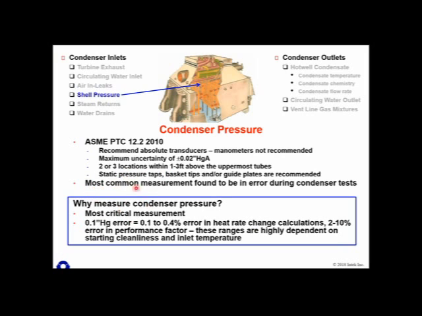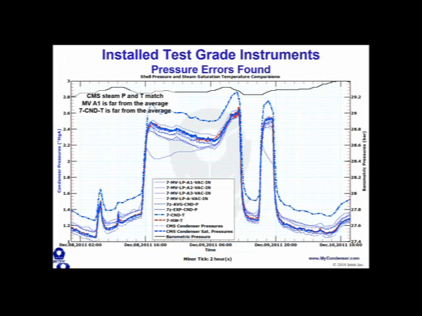But this is the most common measurement found to be in error or inadequate during our evaluations. And so let me show you what I found at this particular facility. Here is a plot of, on the y-axis, condenser pressure versus time for all these different measurements.